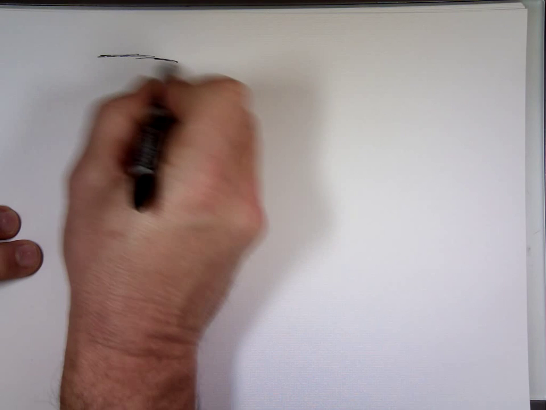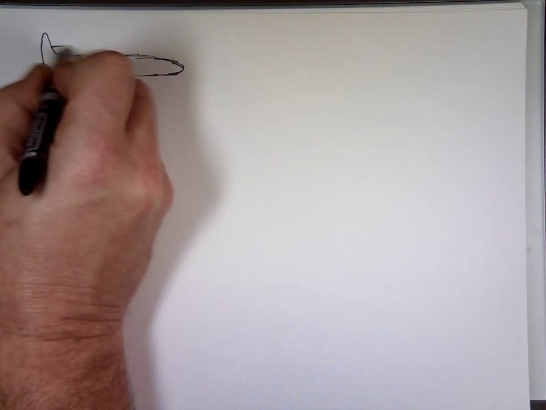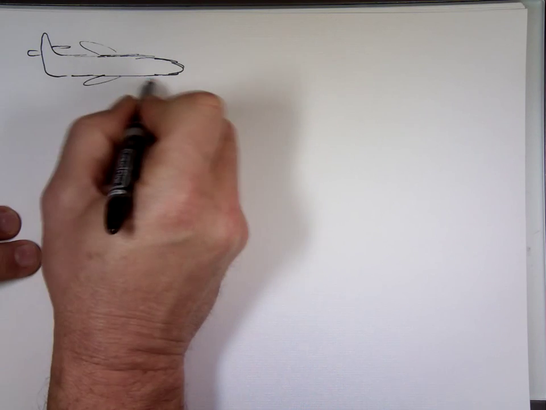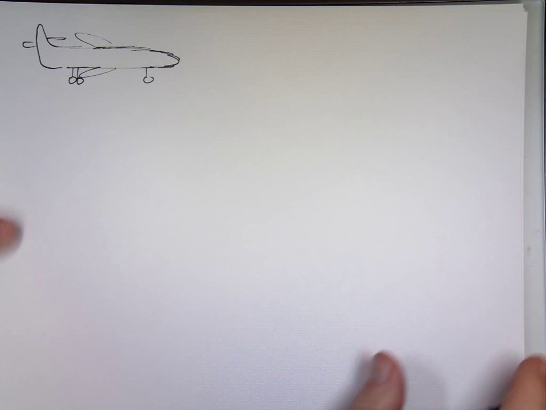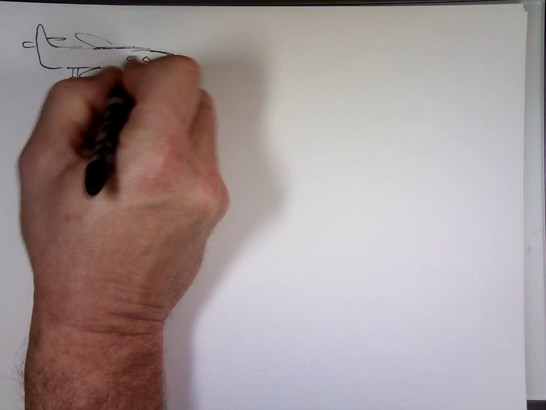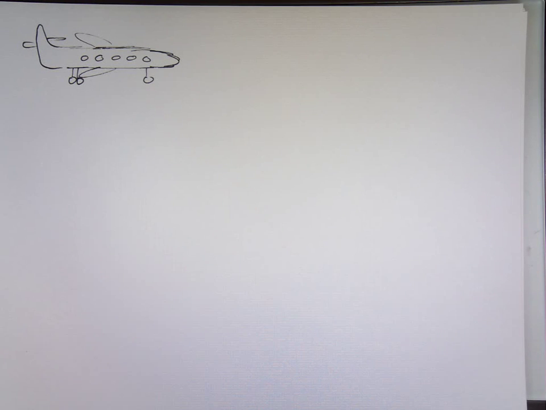Okay. Let's assume you go on vacation. Spring break is coming up. Here we go. This is an airplane. Small plane. And this plane can hold only 10 passengers.